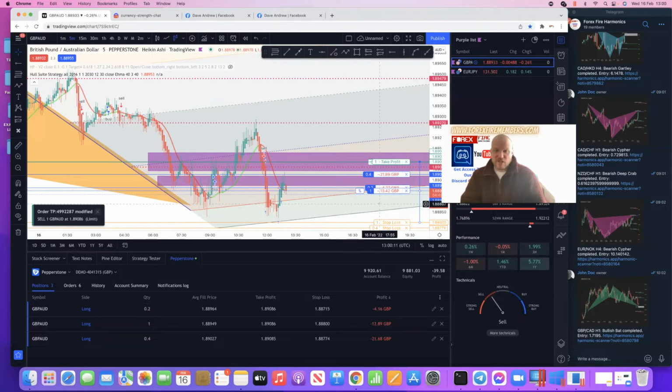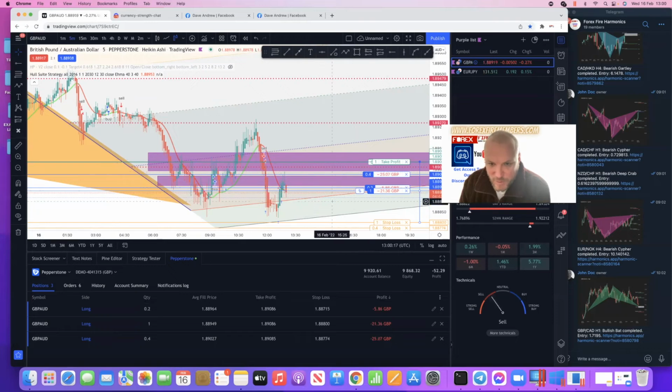We need this to turn. If this turns and heads back up, then we might not only save profit, save what we've done with the account with them few mistakes a day, but it might also give us a little bit of profit as well. It's been a hard slog, but these purple zones were all based upon structure points from the 25, where we break out, come in and retest.